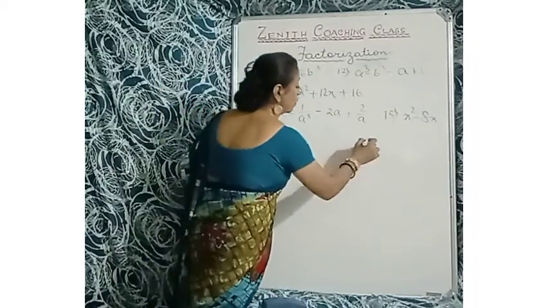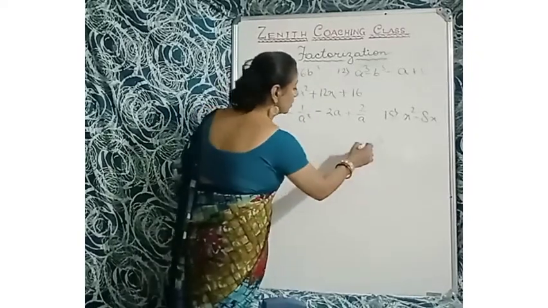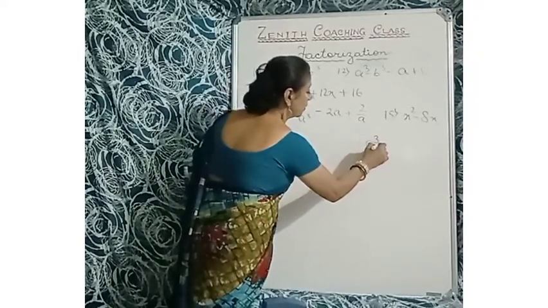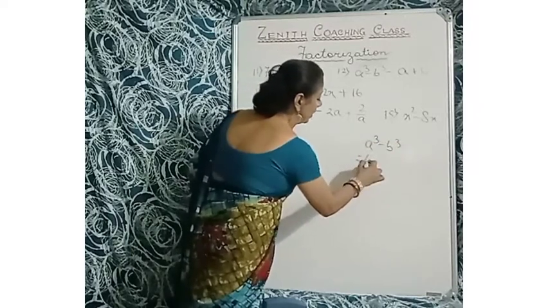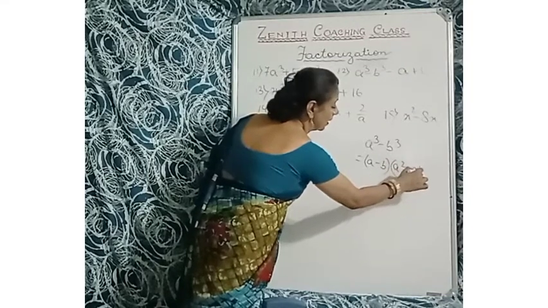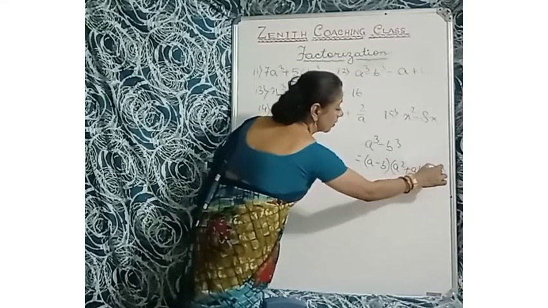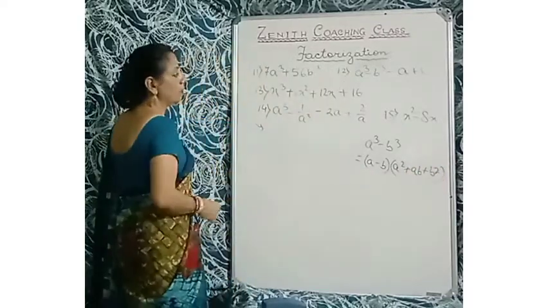A cube minus b cube equals a minus b multiplied by a square plus ab plus b square. Okay, so I'll put the formula here.